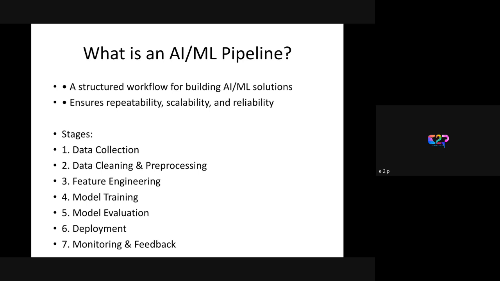Then training the model. When we want to create an AI or ML prediction model, we need to train it using the data which we cleaned and to which we applied feature engineering. All the data processed by these steps is given to the training.